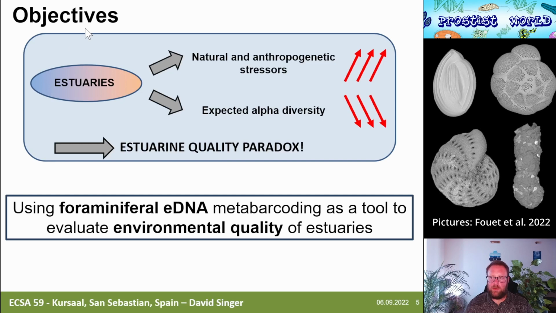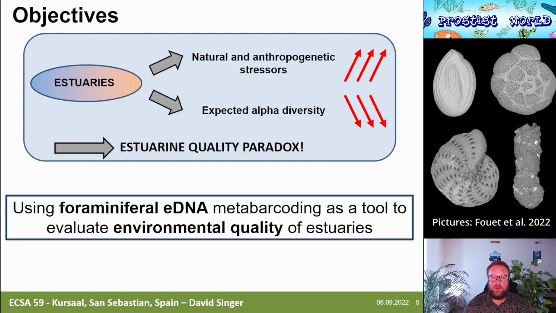So in estuaries, we have a lot of natural and anthropogenic stressors, so we can expect that the alpha diversity will be really low. Indeed, most of the species that can survive this extreme condition are opportunistics. And that's an issue because most of the indices based on Foraminifera were developed in marine ecosystem, and they use this alpha diversity.